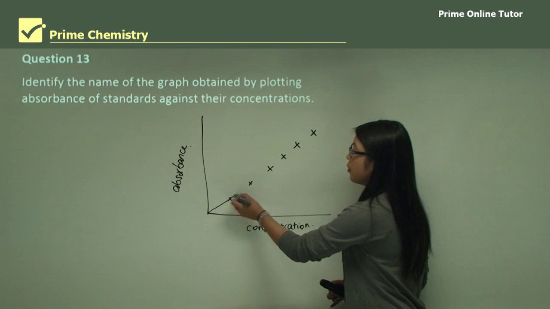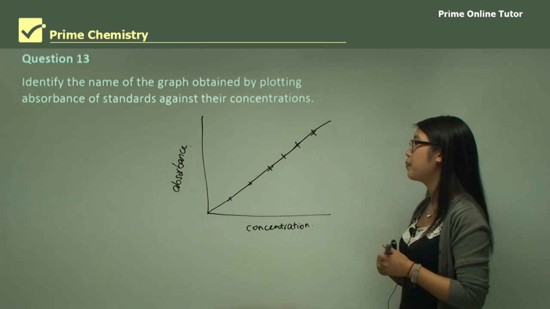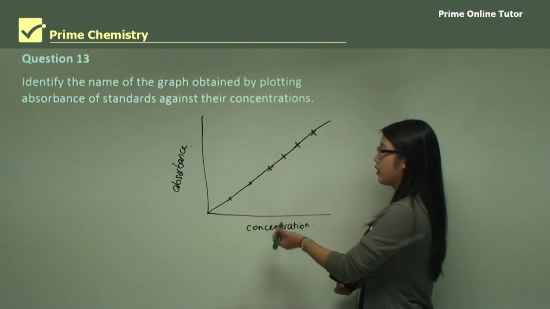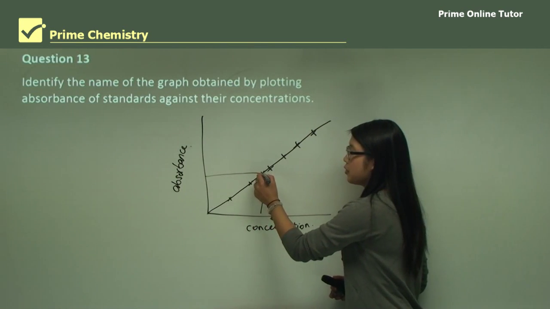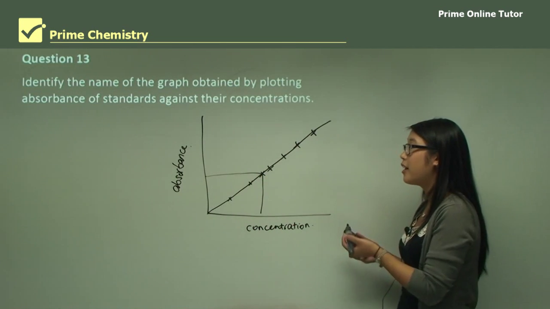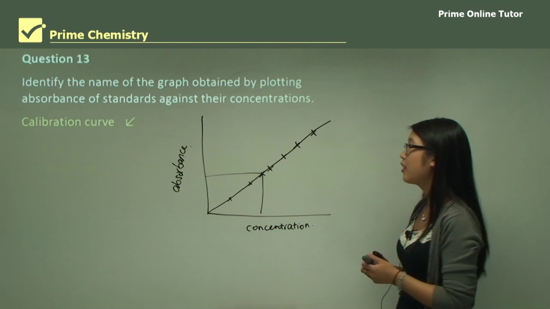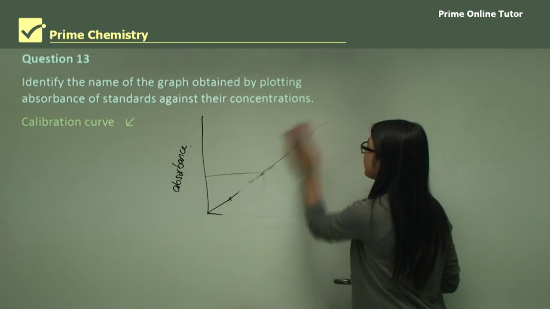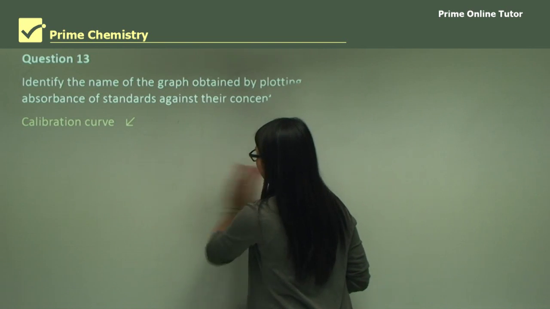We then can draw a line through it to get the trend, and then from this we can check our unknown sample and look at the concentration and the absorbance to determine it. So this graph is then called a calibration curve. So a calibration curve can be used in AAS as well as other techniques when you don't know the concentration in your sample.